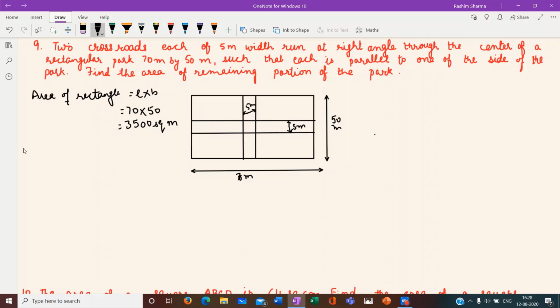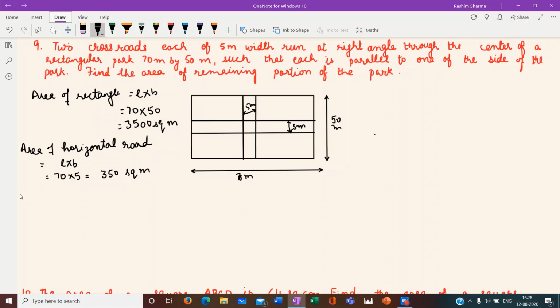Let us find the area of the horizontal row. The length of this horizontal row is equal to 70 meter, the length of the rectangle, and the breadth is the width given of this road. So we write 70 into 5. So it is 350 square meter.